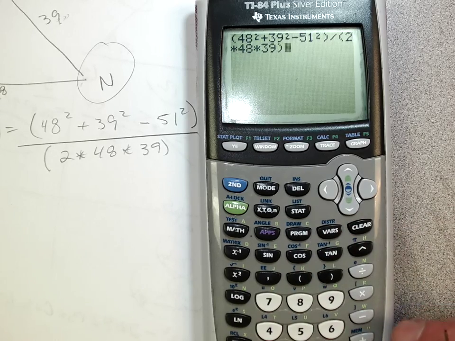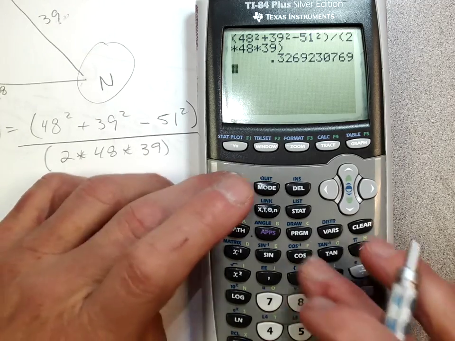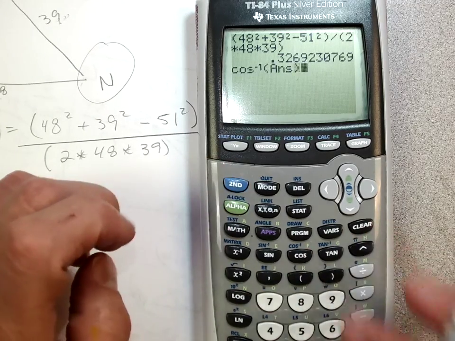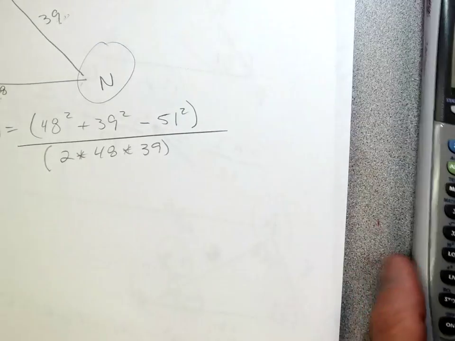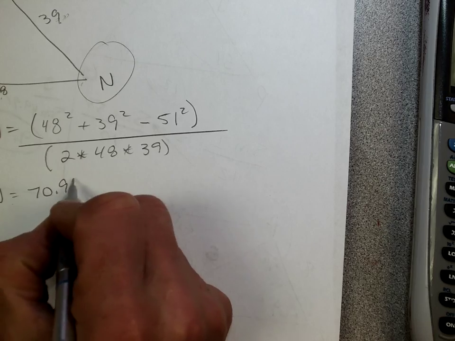So I get a decimal, and if I got to find an angle, what am I going to push, Micaiah? Sine inverse. But not sine this time, but cosine inverse, right? So cosine inverse, and I get an angle of about 70.9. So angle N is about 70.9 degrees.